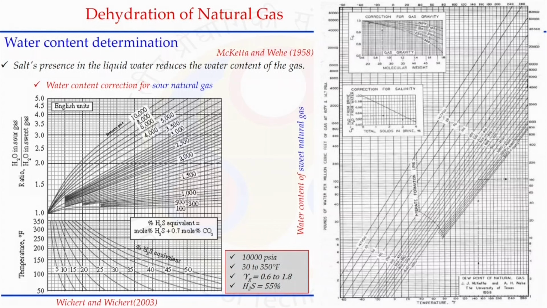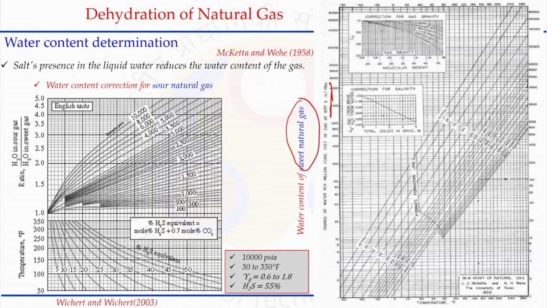From this slide, let us consider the natural gas as a sweet gas, and at a particular temperature and pressure we can see the water content in the natural gas.